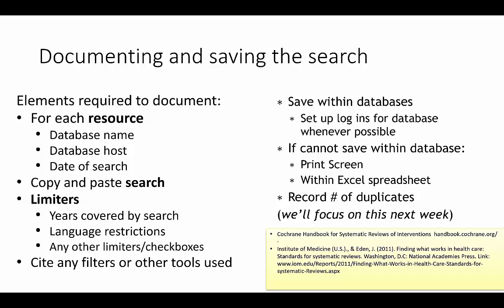Even if I am saving it within the Ovid interface or EBSCO, I still like to copy and paste it somewhere just in case I lose access to it. Many times you also want to cite anything that you use to help you build it up. So if you used a certain filter or part of someone else's search, I think it's really important to cite each other.